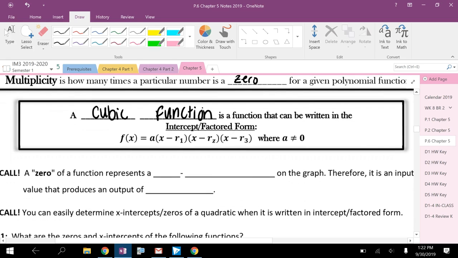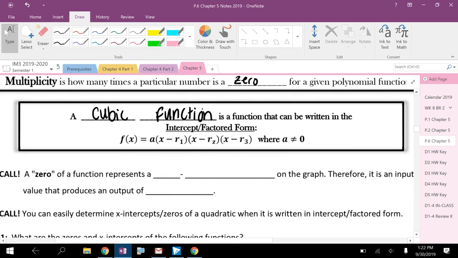So remember, does anyone remember what a 0 is actually representing on the graph? The solution, which is also what on the graph? The x-intercept. Good. So remember when you were solving on the test last week or just in general last chapter, you were solving for the zeros, like x equals 5, x equals 4.